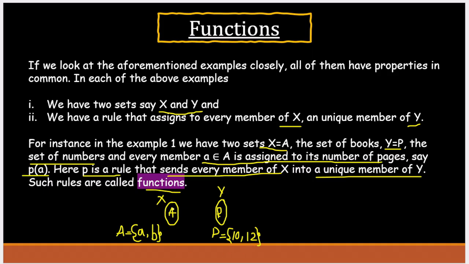So the relation between A, the set of books, and the number of pages is represented by P of A. Here P of A is equal to 10, because we know that book A has 10 pages, and P of B is 12 pages.